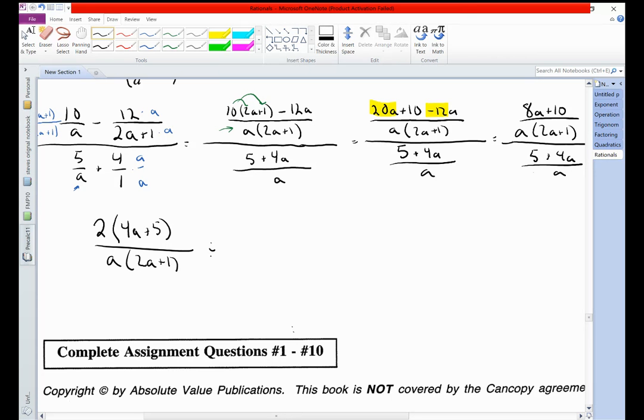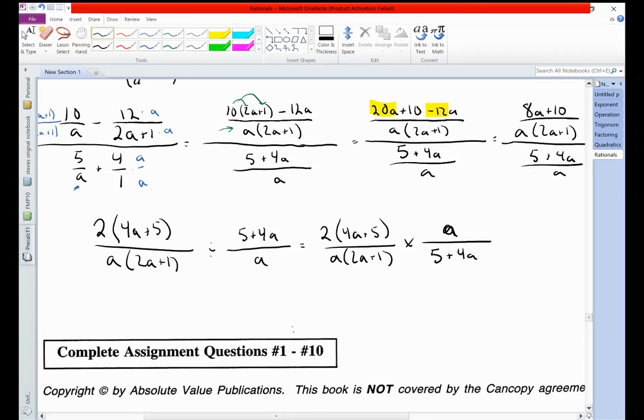And then it's divided by 5 plus 4a over a. So now we can flip that. Multiplied by a, and then we've got 5 plus 4a.